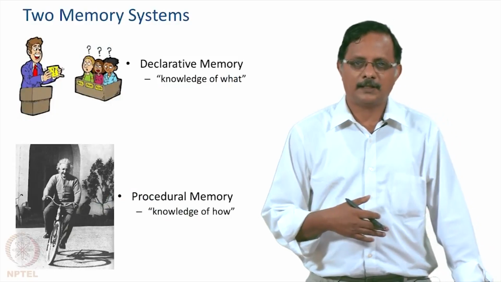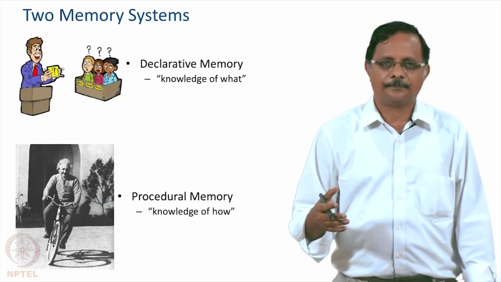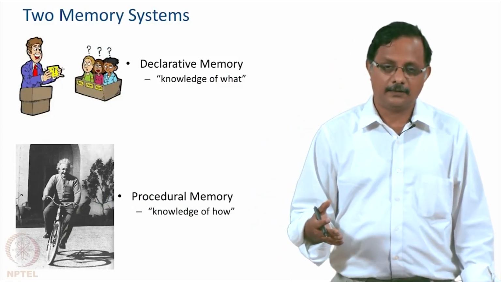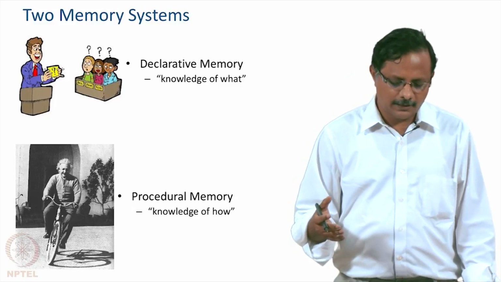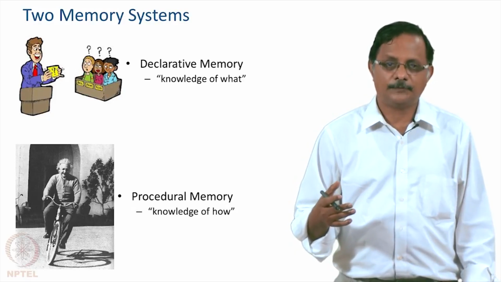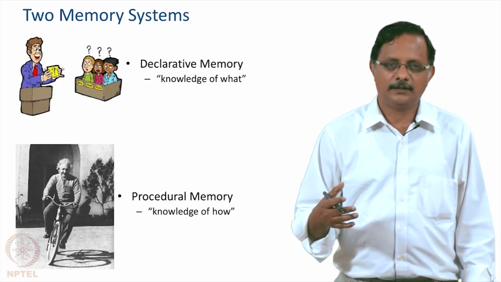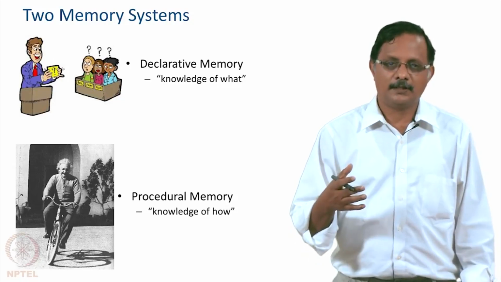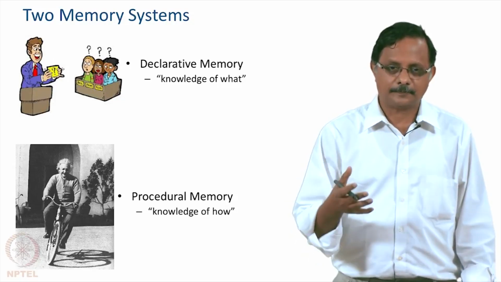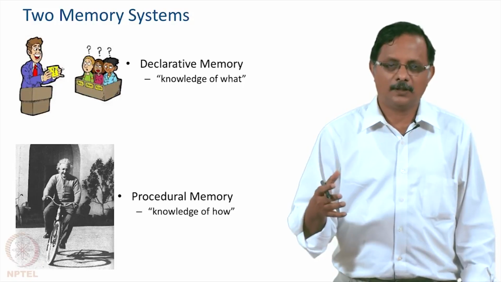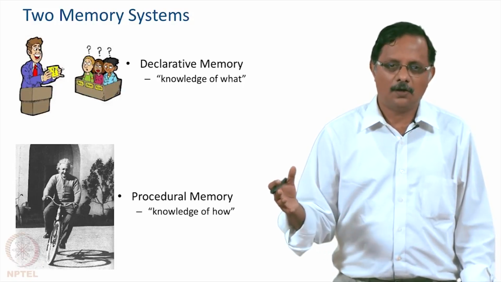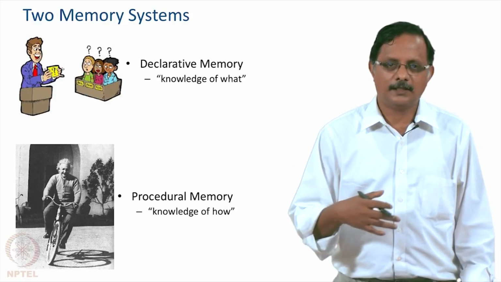When we talk about the basal ganglia, we should mention that there are two kinds of memory systems in the brain. The first is called declarative memory, which refers to the knowledge of what. It is called declarative because this is a kind of knowledge which you can express, for example, what is the capital of India, or what color is a typical leaf.